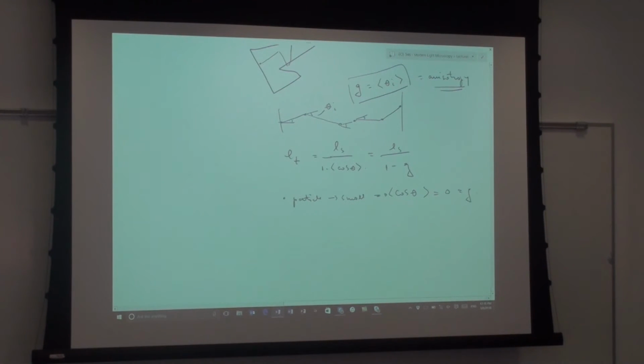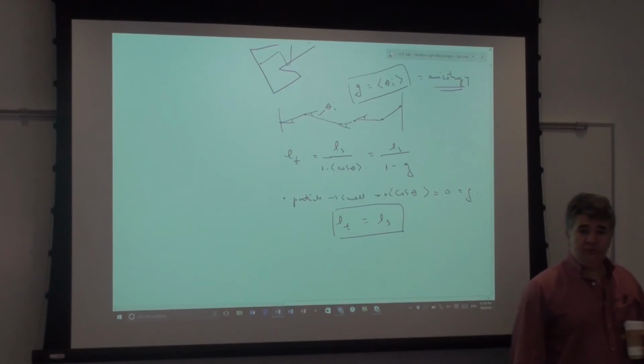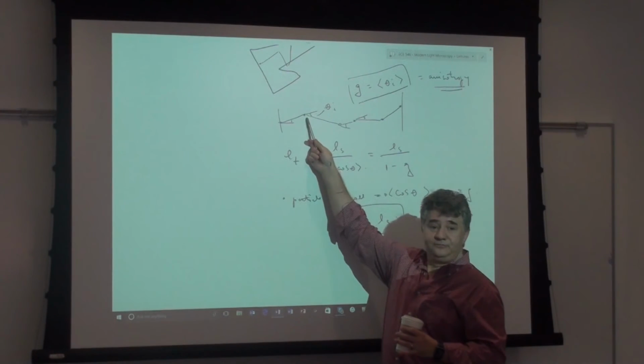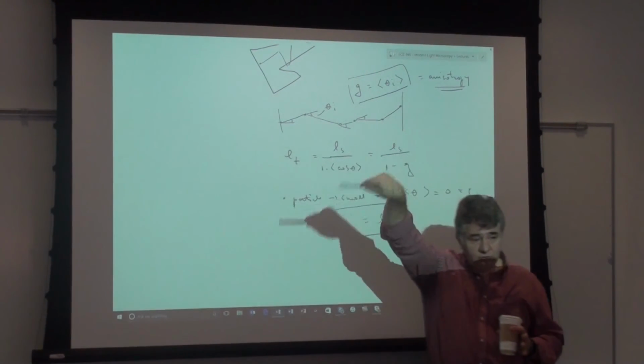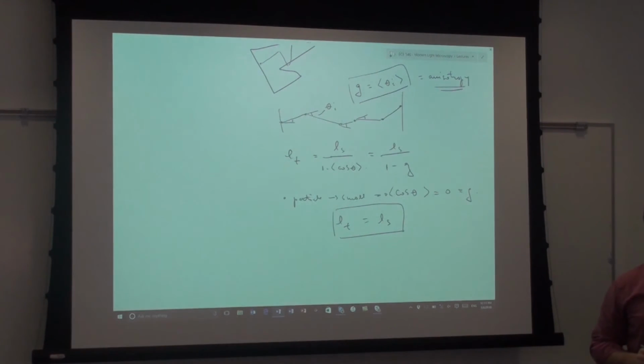And that G is 0. That means the transport mean free path is exactly equal to the scattering mean free path. It means that after only one scattering event, the directionality of my light is lost, because each particle scatters isotropically.